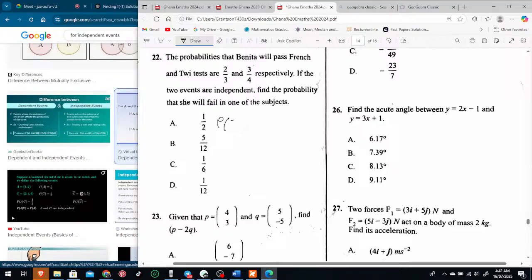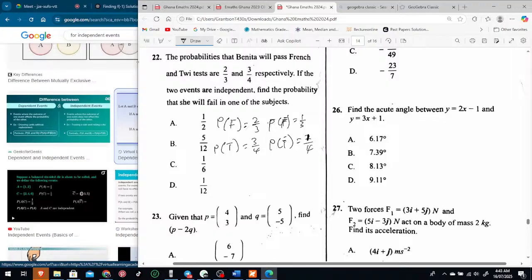The probability of French is 2/3, so the probability of failing French is 1/3. Because they want the probability of her failing in one subject, we multiply that 1/3 by 3/4, the probability of her passing in P.